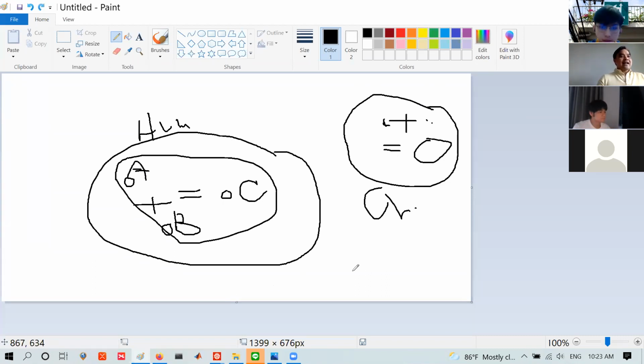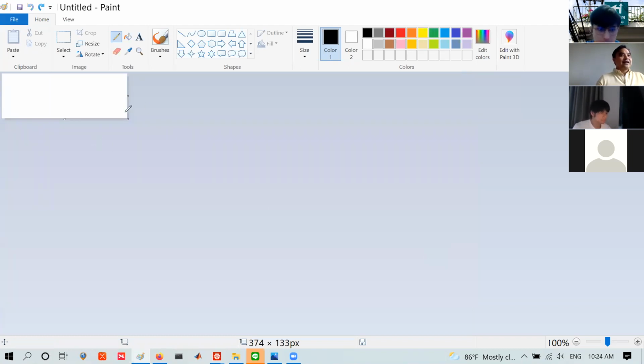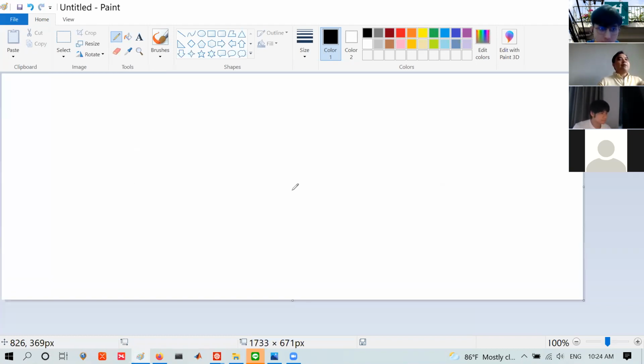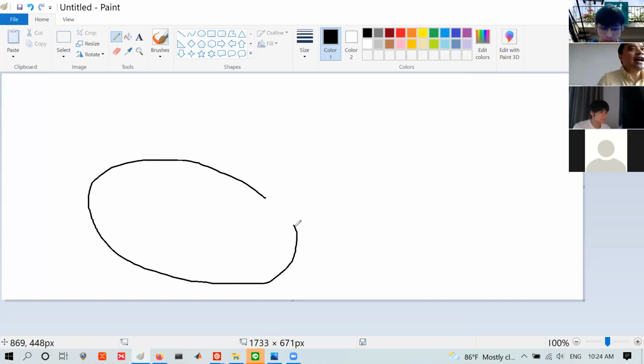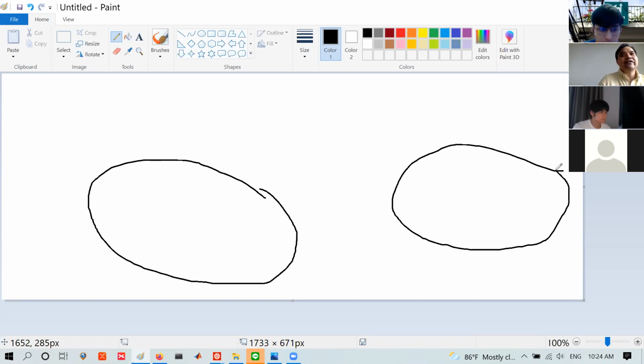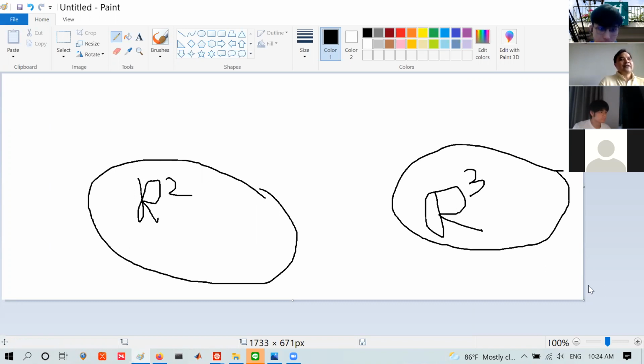So let me clean all this up. Instead of a population of human beings and chimpanzees, I have a population of vectors, but this one is 2-dimensional, and this one is 3-dimensional. If X has 2 dimensions, you can add it to another 2-dimensional vector and you get another 2-dimensional vector. And the same thing over here with 3 dimensions.